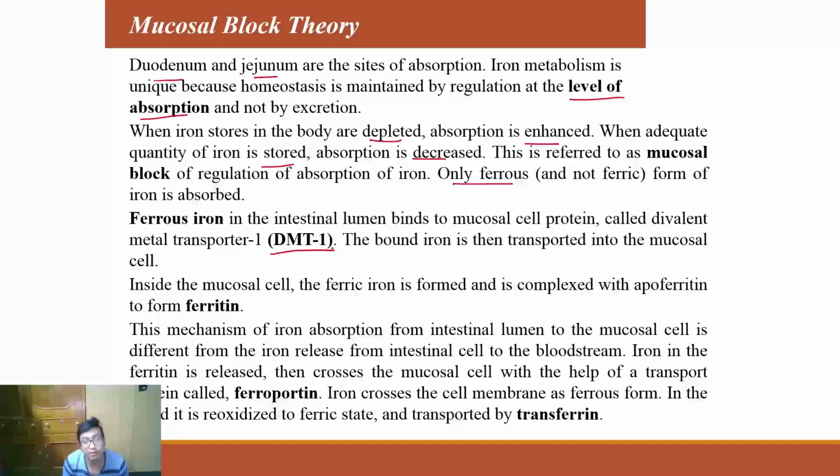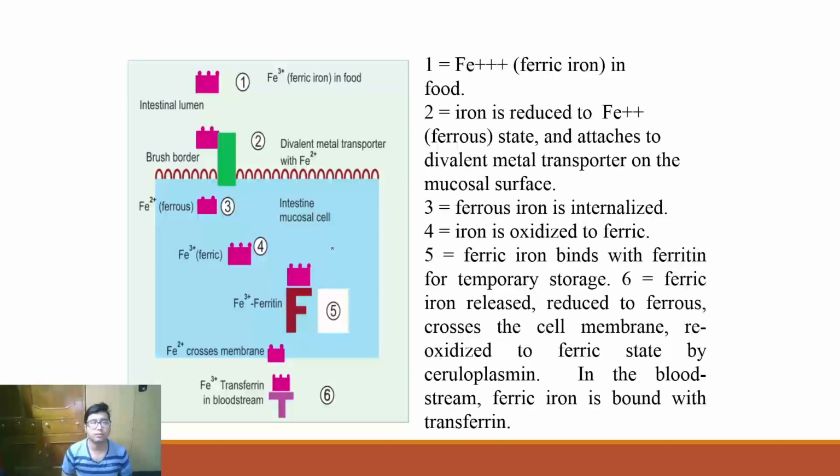So the iron first binds with this and then it is transported into the mucosal cell. See over here, ferric iron, the 3 dots mean ferric.